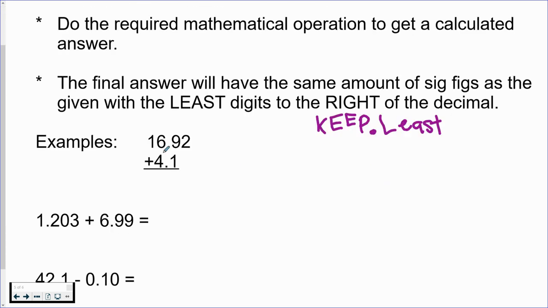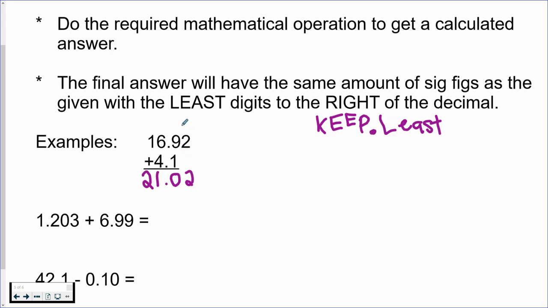So again, you want to do the math first. So on this one, you'll see that it becomes a 2, a 0, and then a 1, and a 2. So we keep everything in front of the decimal. So that 21 is going to stay no matter what. Now behind, you're finding the least digits behind the decimal.